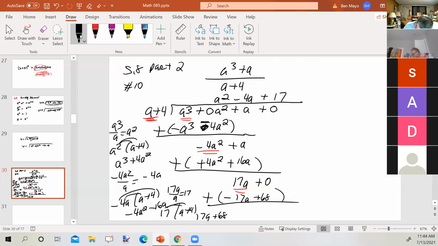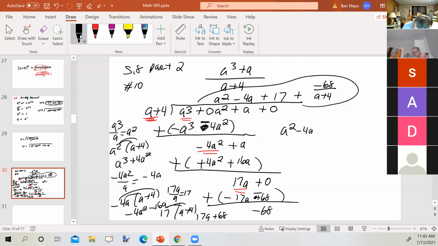I'm going to change it to addition of the opposite. 17a plus negative 17a is 0. 0 plus negative 68 is negative 68. Okay. So a squared minus 4a plus 17 plus negative 68 over a plus 4. Again, as I mentioned the other day, you could also write this answer like that, putting the subtraction sign outside of the fraction. Okay.